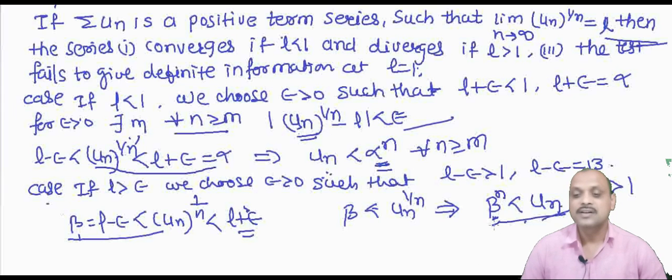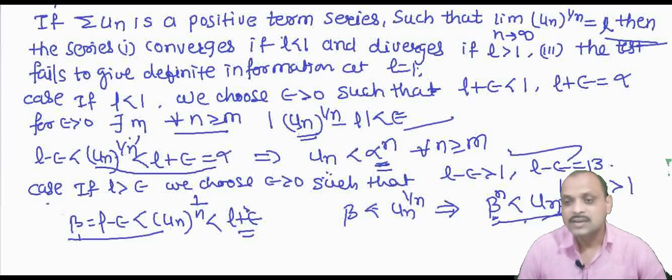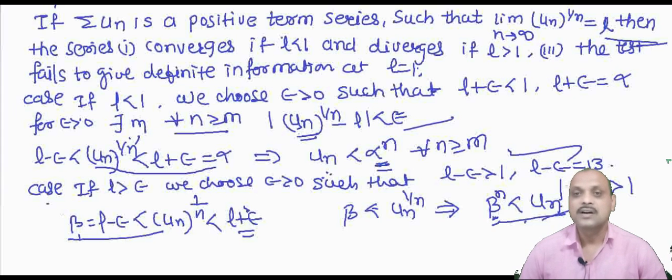So beta raised to n is a divergent series, and hence un is also divergent. Hence the series summation un, where the limit of the nth root of un is equal to L, converges for L less than 1 and diverges for L greater than 1.